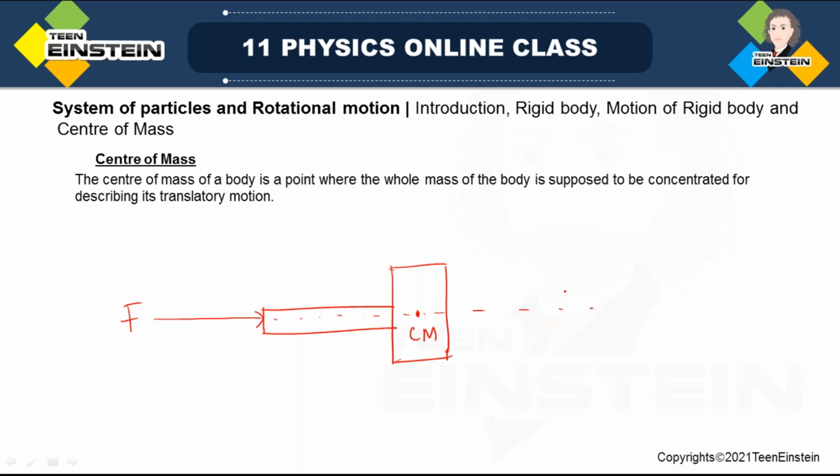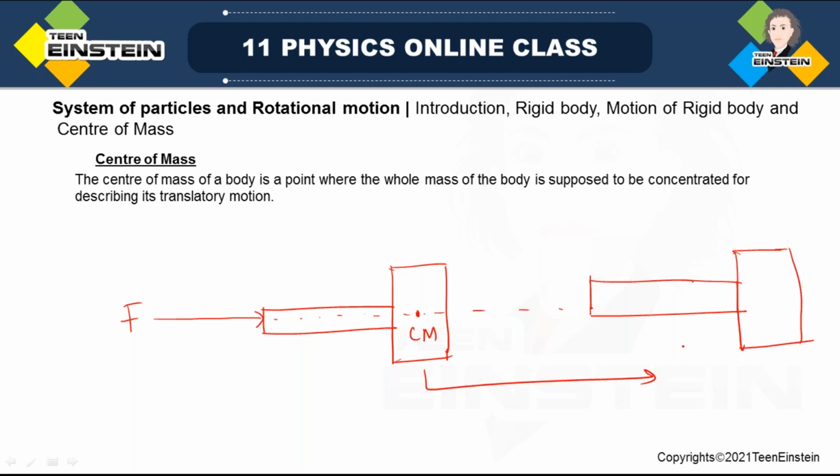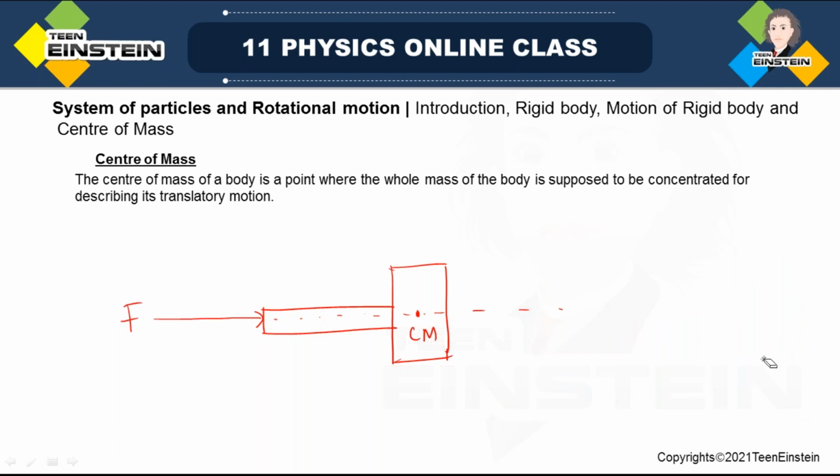In this case, you know what will happen. This hammer will have a translational motion. It will move from here to here. But suppose the line of action of the force is not passing through the center of mass. What will happen? It will have a rotational motion. Suppose the force is applied like this.